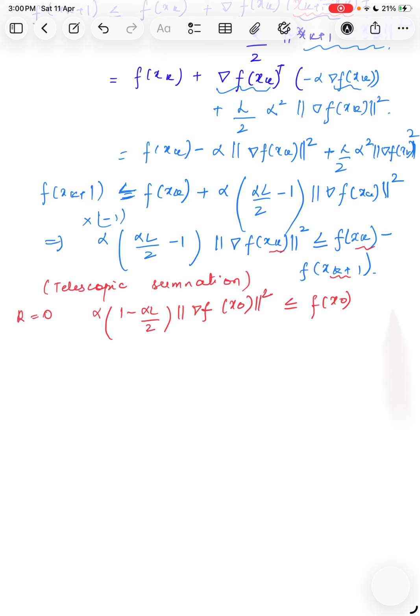Because when you put k equals to 0, your f of xk will be f of x0 and your f of xk plus 1 will be f of x1. Now continuing with k equals to 1, you will have alpha times 1 minus alpha L by 2.